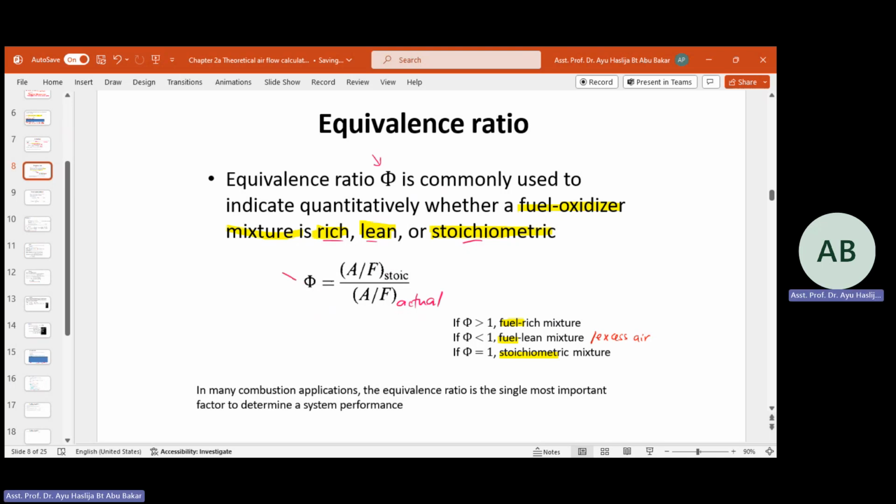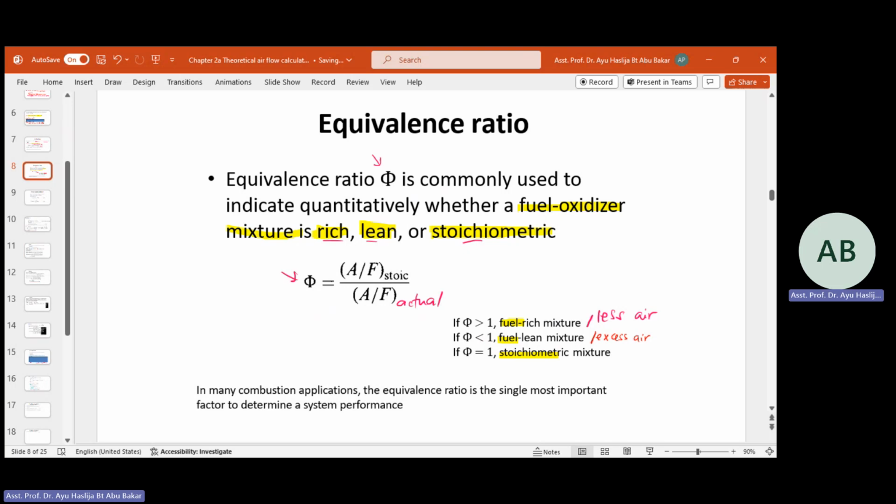Okay, so dia akan ada satu value where if this value is more than 1, it shows the combustion is fuel rich, or less air. Incomplete combustion. If less than 1, it is fuel lean, excess air.